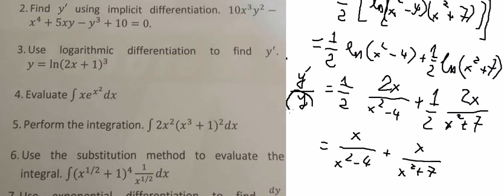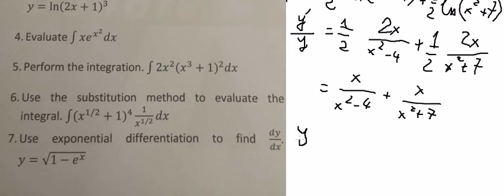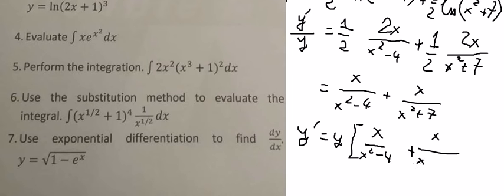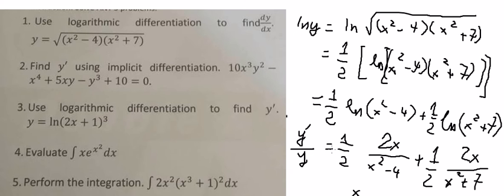So we have y in here. We want to find the first derivative of the function, so we multiply both sides with y. And y, that should be this one.